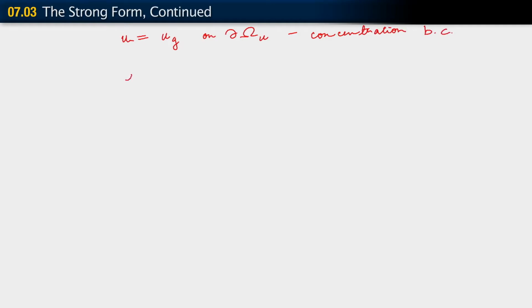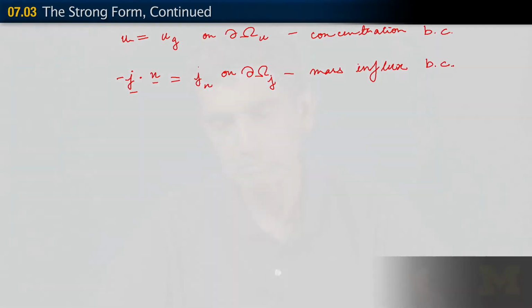And finally saying that minus J dot N equals J sub N on the boundary partial omega sub J would be the mass influx boundary condition. Okay, so everything is really the same between the heat conduction and the mass diffusion problem in 3D, at steady state.